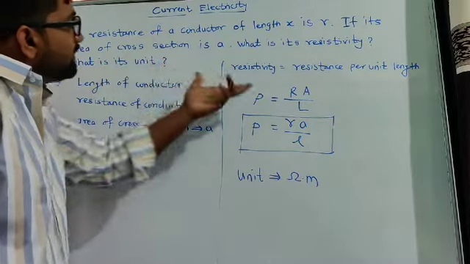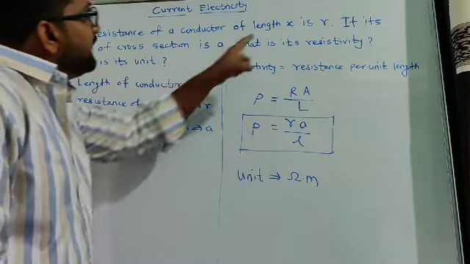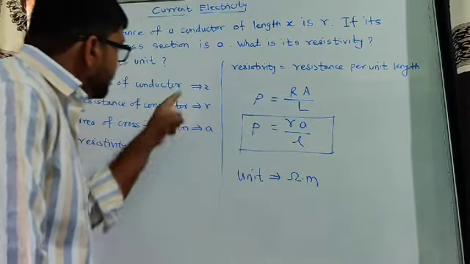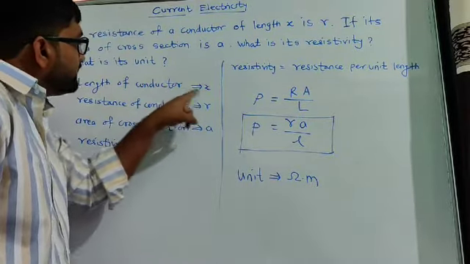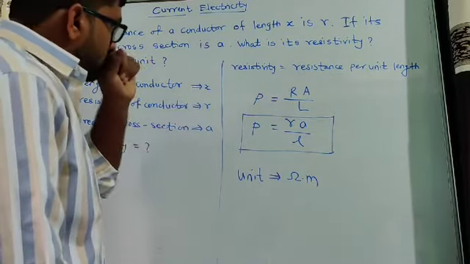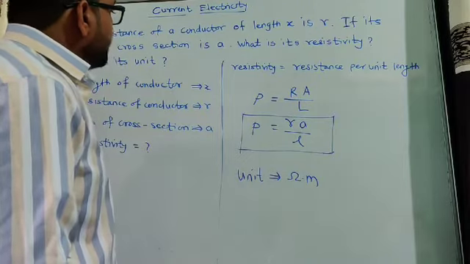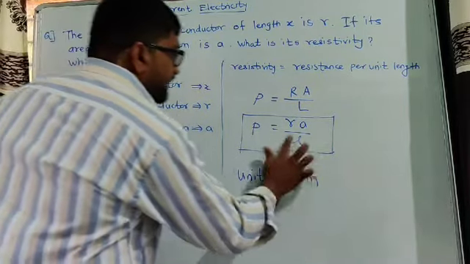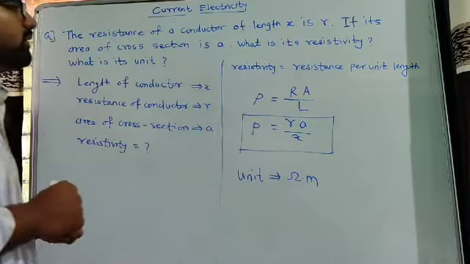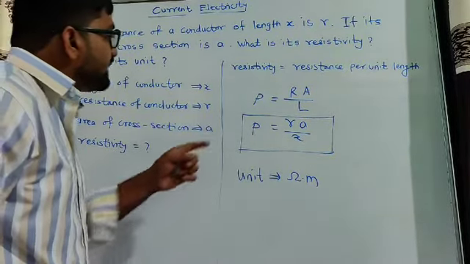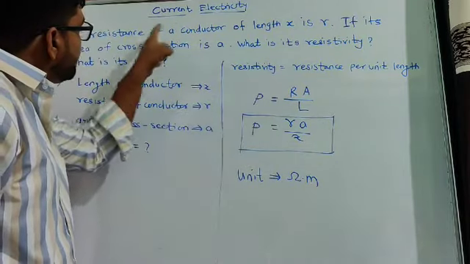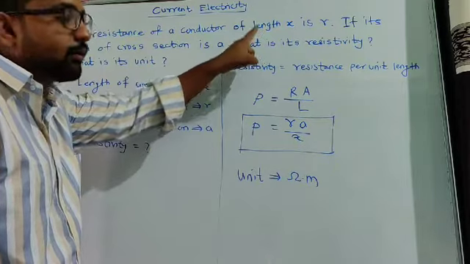What is the resistance of that circuit given? Small r. How much resistance is given? Small r. What is the length given? Look at here. The length given is x. So instead of length we have to write x here. And instead of capital R, what is the resistance given in this problem?